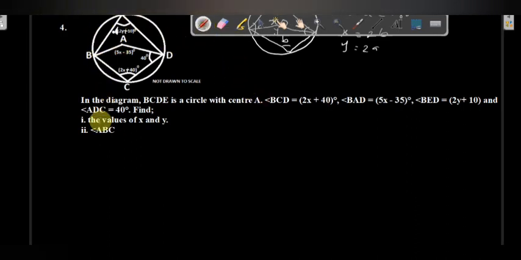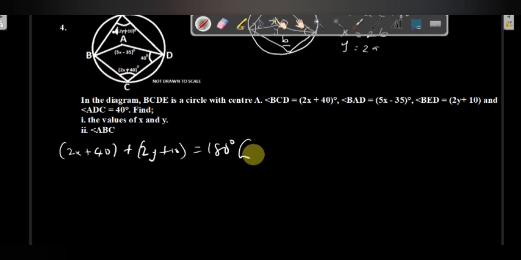Now you can clearly see that this angle here, C plus E, is equal to 180. So we have 2x plus 40 degrees plus 2y plus 10 degrees is equal to 180 degrees.